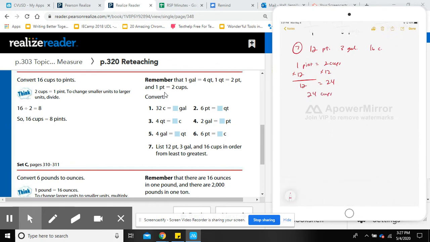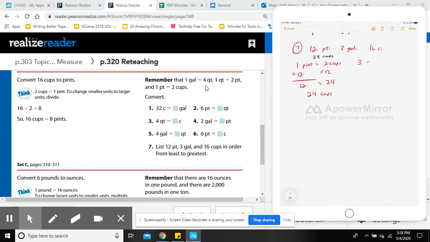Okay. Now gallons are going to be a little bit different, right? So this one is also equal to 24 cups. So gallons to quarts, 1 gallon. So let's go ahead and convert that. Go back to my grid.